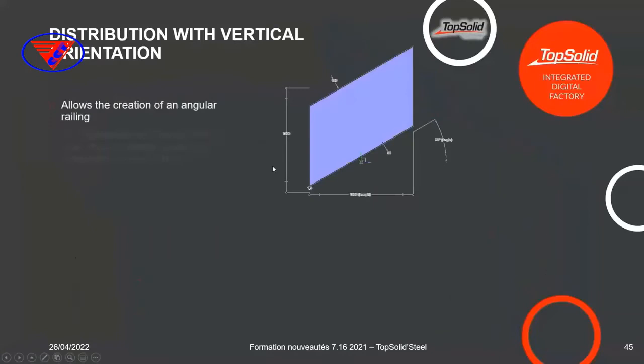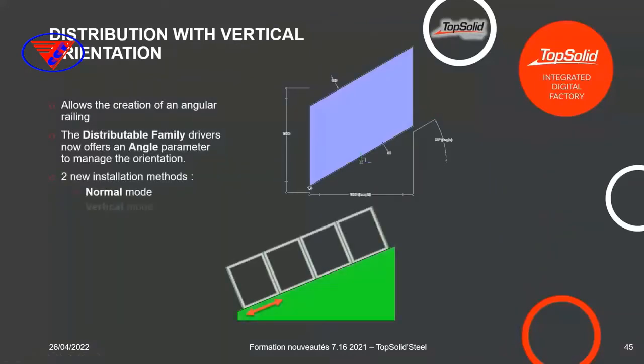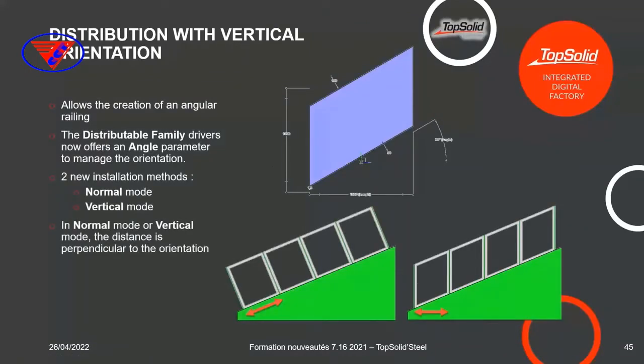We'll continue talking. All right, next, in assemblies, we have distribution with vertical orientation. So this one's primarily for a newer product that we released about 2 years ago called TopSolid Steel. It's for working with structural steels to make staircases, railings, whatever, for construction, right?